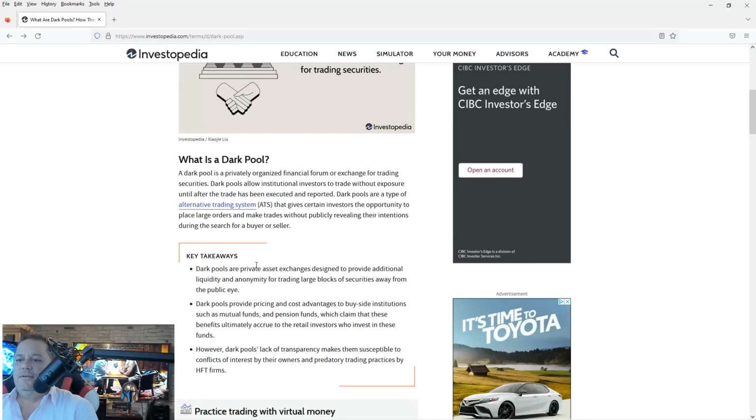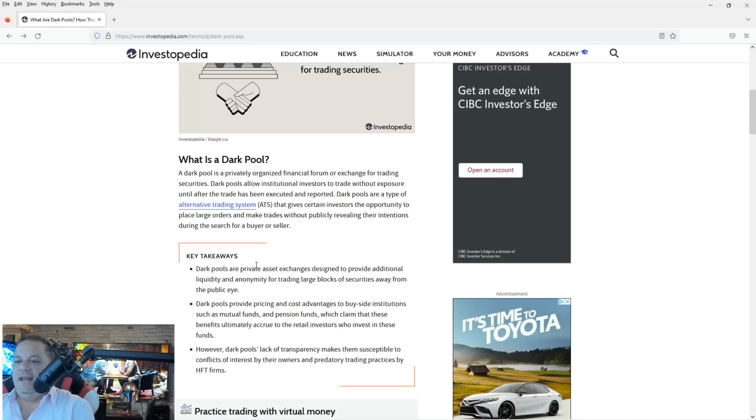Basically a dark pool is big institutional traders like banks, pension funds, hedge funds, doing an exchange with a large amount of shares in SPY, QQQ, and it gives them the opportunity to get a set price, like 3 million SPY shares, for example, at a set price.